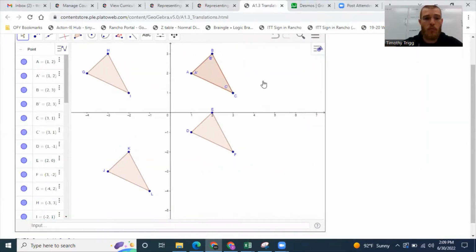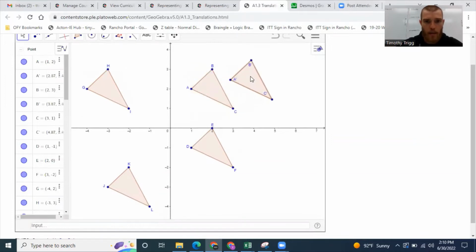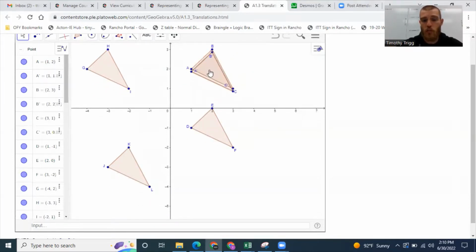So how would I move triangle ABC so that it coincides with triangle DEF? So notice if you click and drag, you can pick up a version of triangle ABC on the GeoGebra. So I can click and drag. And so how would I move this triangle so that it coincides with this triangle?